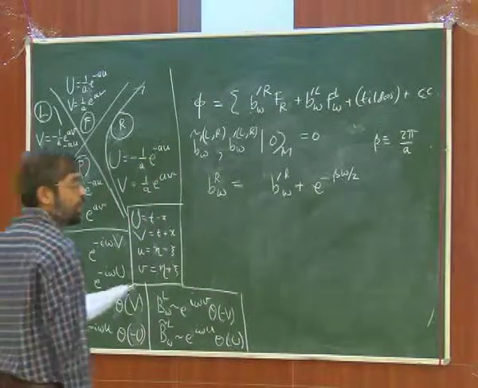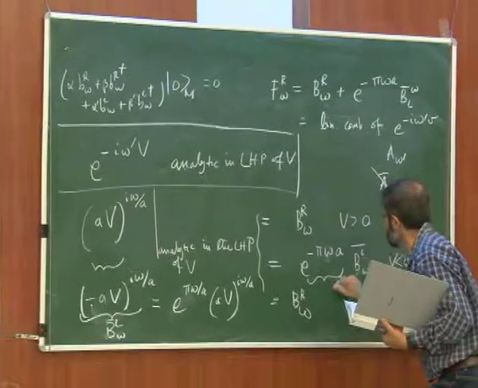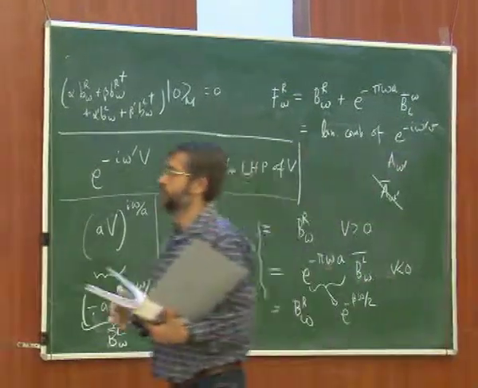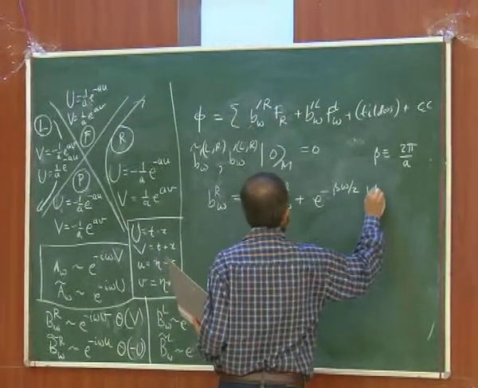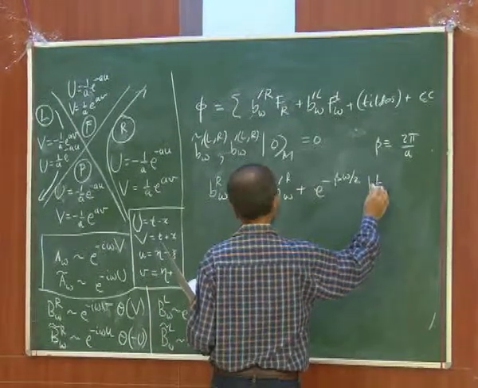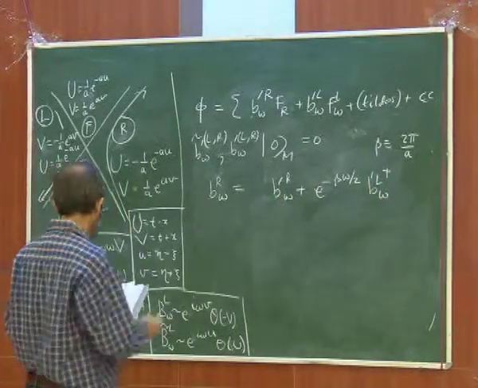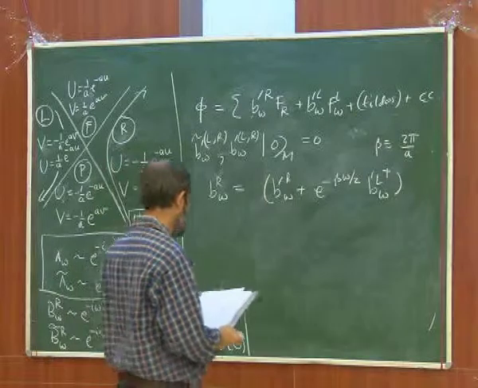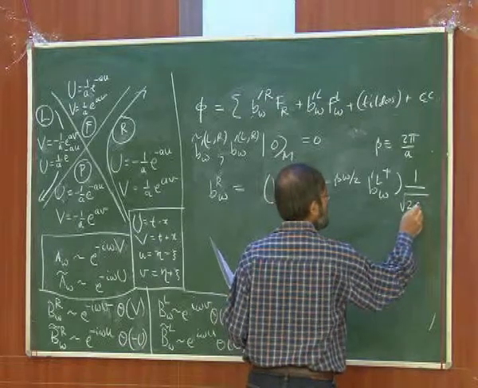2 pi by A. So in other words, I have called this guy e to the power minus beta omega over 2, and B R, okay, with a normalization that you can easily find out from the normalization of the Bogoliubov coefficients that I said last time.